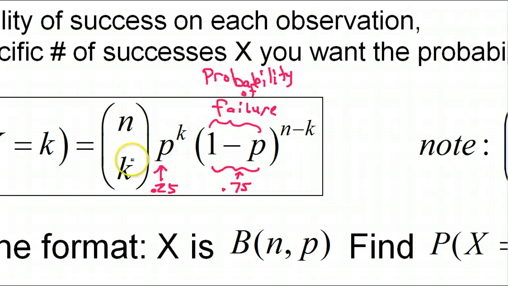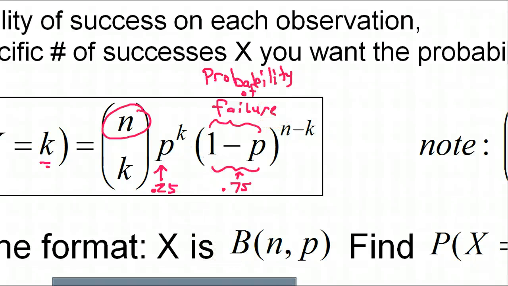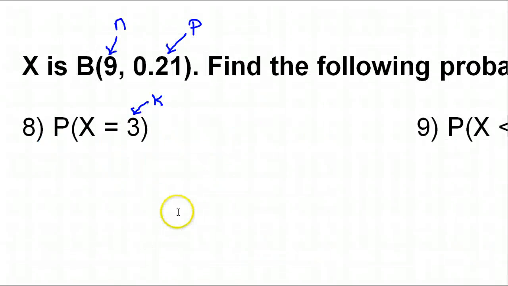Now this k is the number of successes that we're shooting for. Remember n is the total number, so we'll have to subtract to figure out how many failures we're going to have. Anyway, let me get back on the homework. So the first thing you do is start off with your total number.